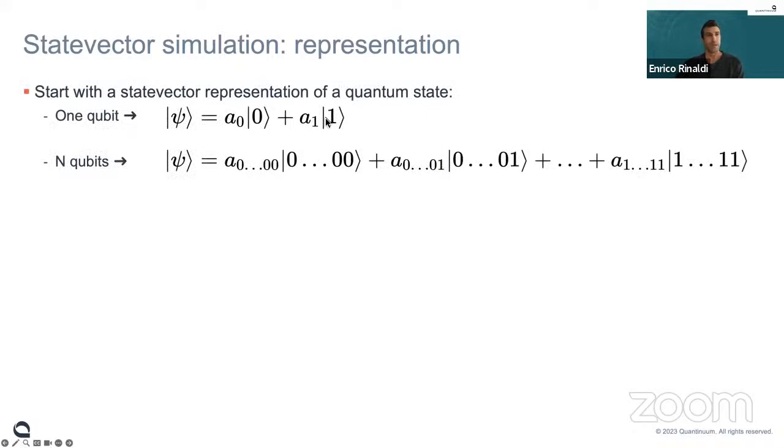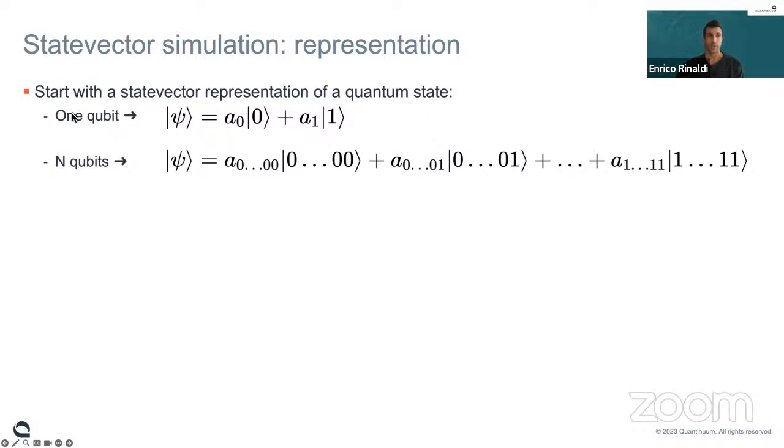Well, the basic thing to do is to start from the fundamental unit of quantum states, which is 1 qubit. A qubit has a state vector psi represented as the superposition of two basis states, 0 and 1, with some coefficients in front, A0 and A1.